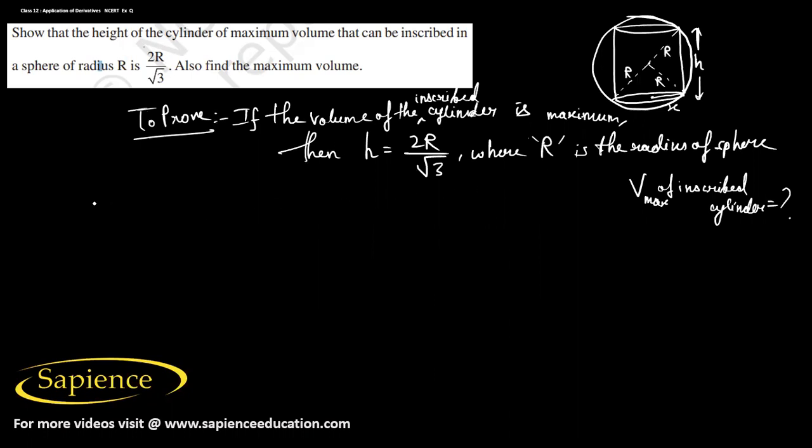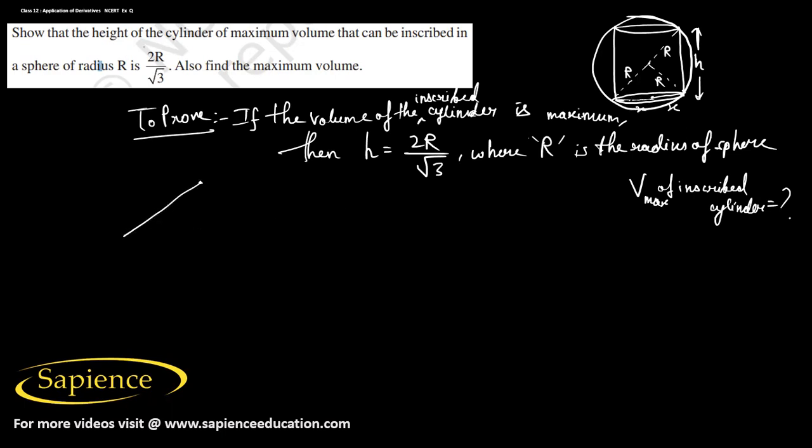So now, here we can see that the radius is r and this is x. Suppose the radius of the cylinder is x, the height of the cylinder is h, and the diameter of the cylinder will be 2x.